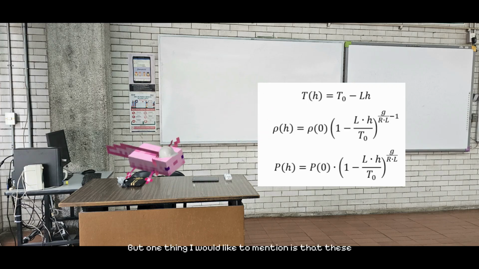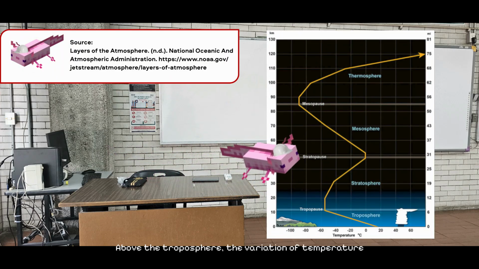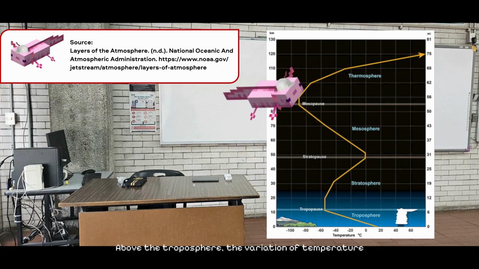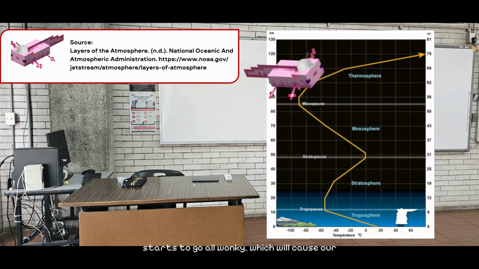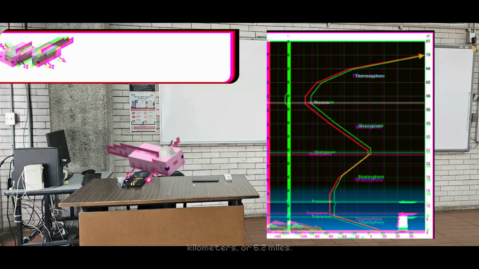But one thing I would like to mention is that these equations only apply for the lowest layer of the atmosphere, which is the troposphere. Above the troposphere, the variation of temperature starts to go all wonky, which will cause our equations to fail. Although jets can operate above these altitudes, for simplicity's sake, we will use altitudes below 10 kilometers or 6.2 miles.